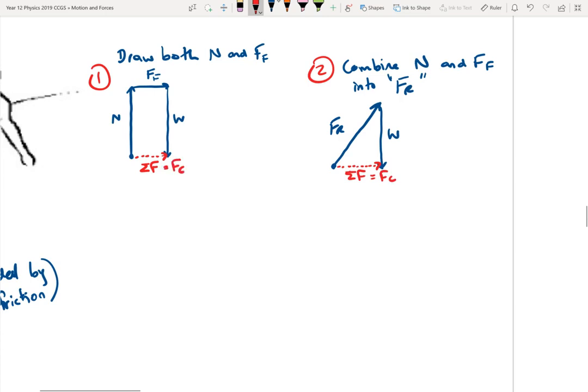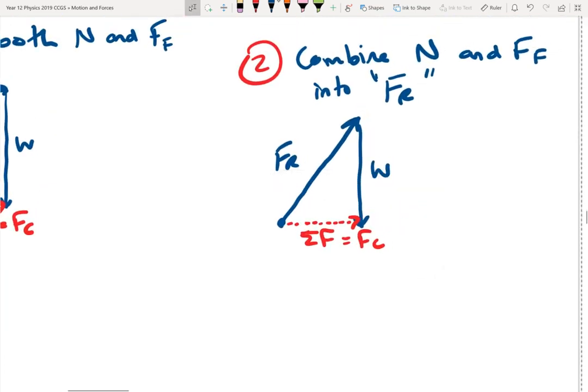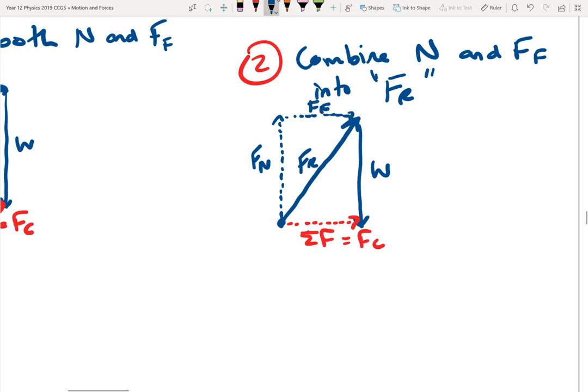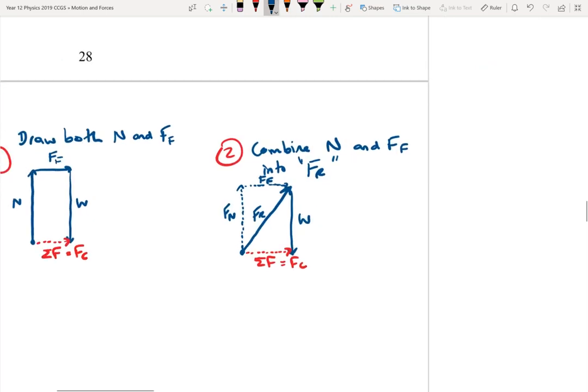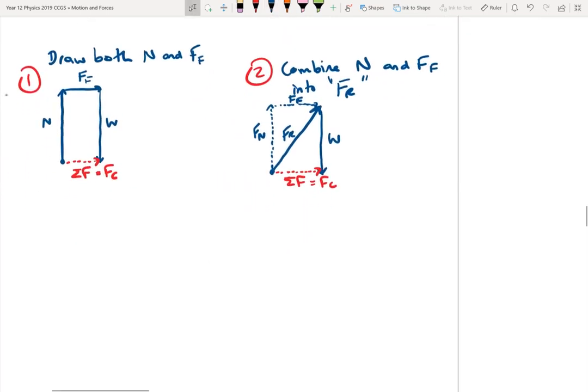We'll just add that to our notes. Okay? You can draw in, I'm just going to draw that a little bit less. Apologies if that stuffs you around. You can draw in the components if you want, but just draw them with a dashed line. Just be careful. Fn and Ff. And obviously the reaction force is the combination of the normal and the friction, which pushes inwards. Just be careful. That's the vector sum, top to tail.